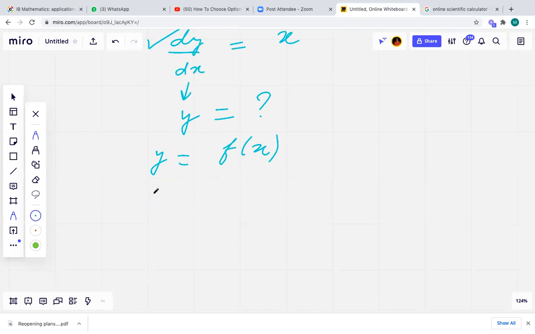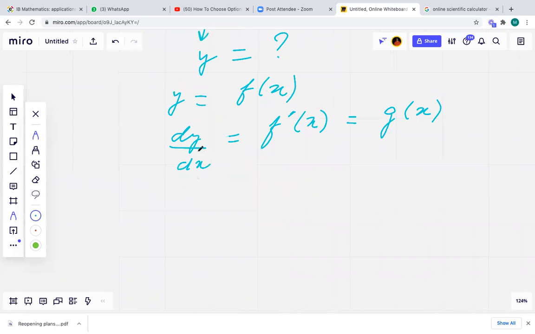So dy by dx is equal to f dash x, which is suppose g of x. Correct? f dash x is g of x.